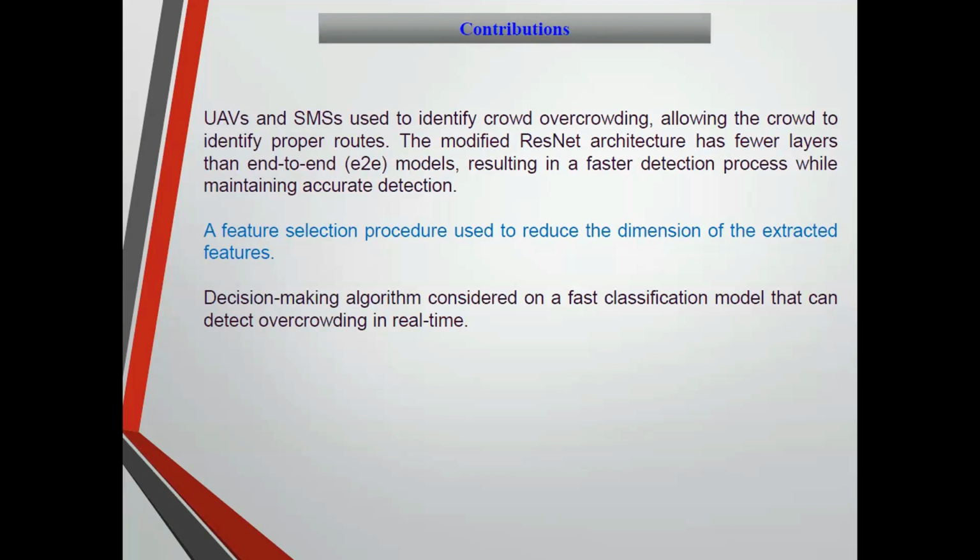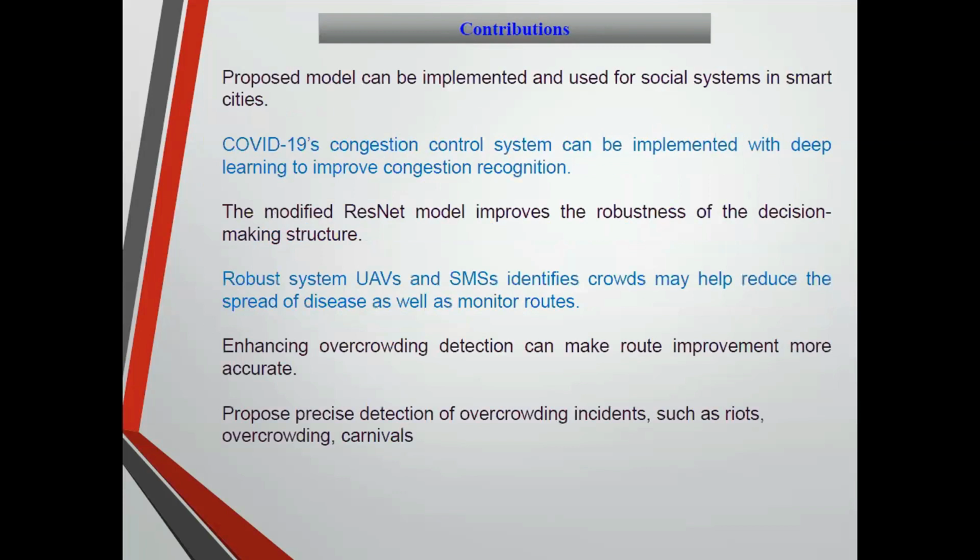Actually, communication is of two types. This work is fully about how to handle real-time deep transfer learning. So in the proposed model, this system can be implemented with the deep transfer learning schemes to improve the congestion.